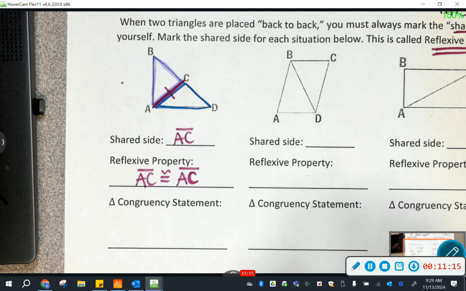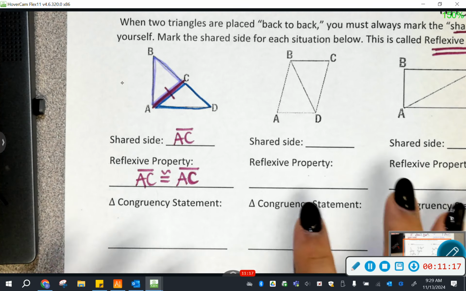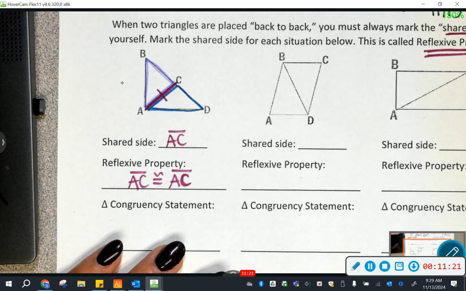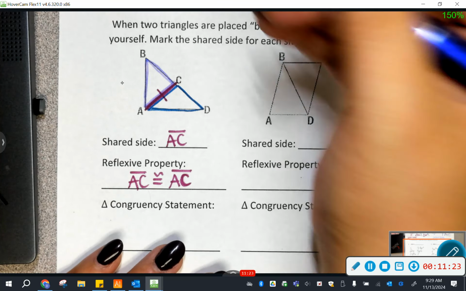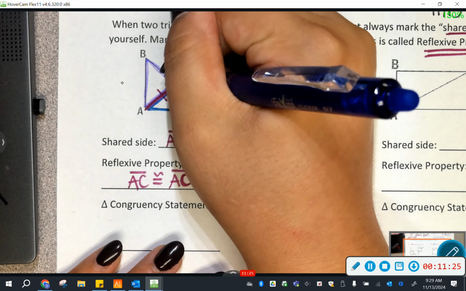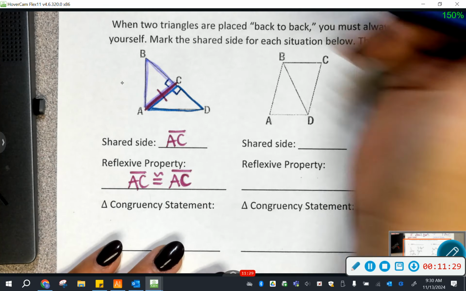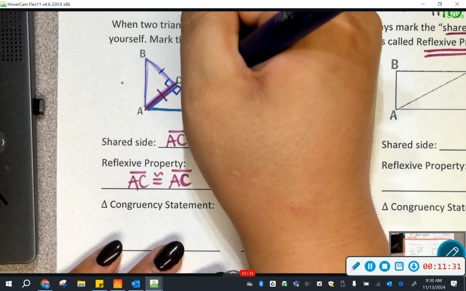Can y'all do me a favor? We messed up on these notes. Originally these notes were supposed to have tick marks and arches for you, but they forgot to add them. So can everybody please add a box right here and a box right here? And can you also add a tick mark here and a tick mark here?